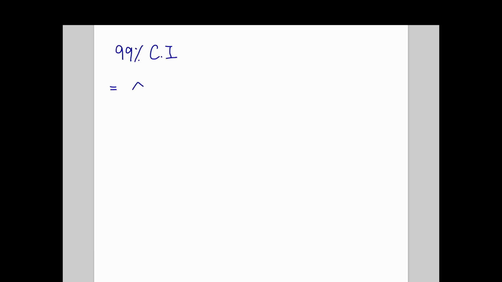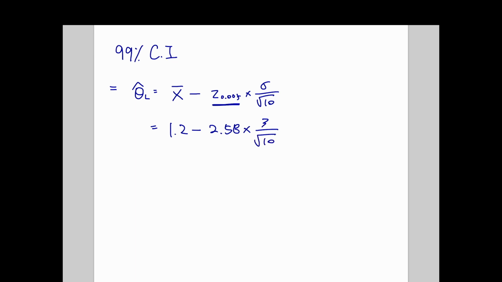It is the lower bound estimate x bar minus the critical value, so x bar is 1.2 minus 2.58 multiplied by 10, okay, so minus 1.248.